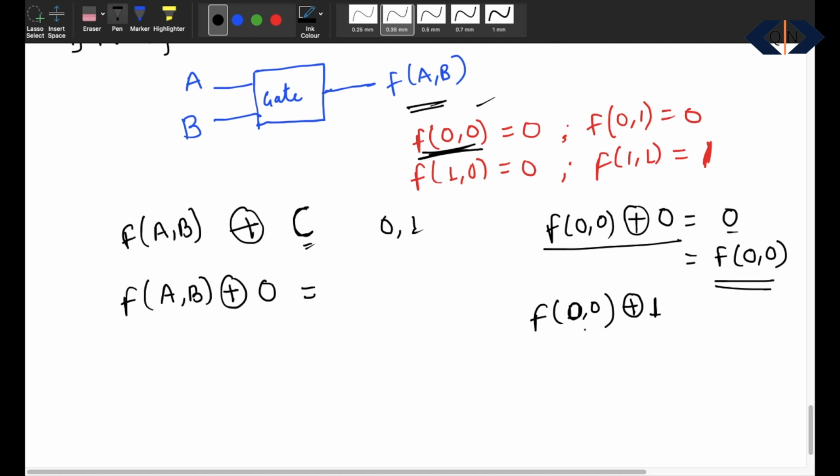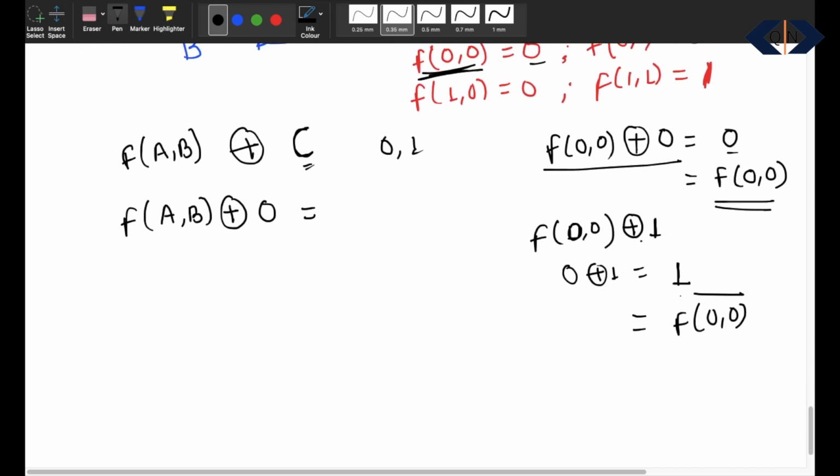F(0,0) we know is 0, and 0 XOR 1 is 1. So F(0,0) is 0 and the opposite of 0 is 1. So we can say that it is equivalent to the flip of F(0,0), right?